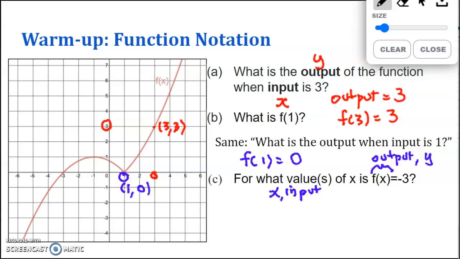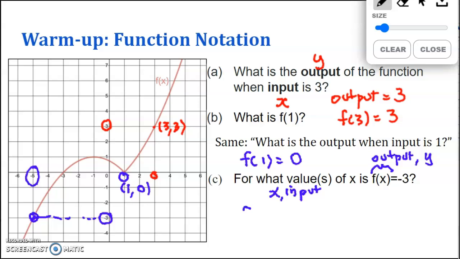Where is y equal to -3? That means you need to go to the y-axis. Where is the -3 on the y-axis? It's right here. That means you're looking for the graph when y is -3. That means it's this point right here. So what is the input when output was -3? The input was -5.